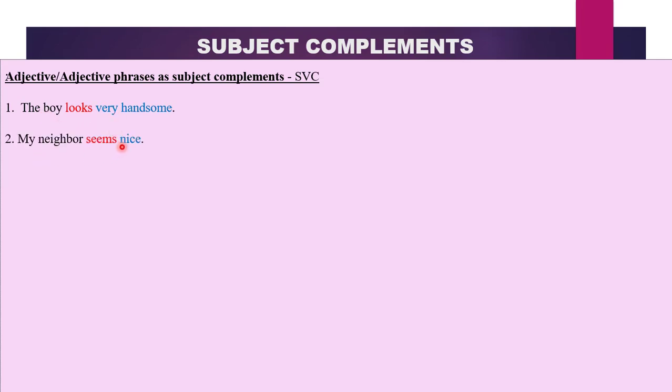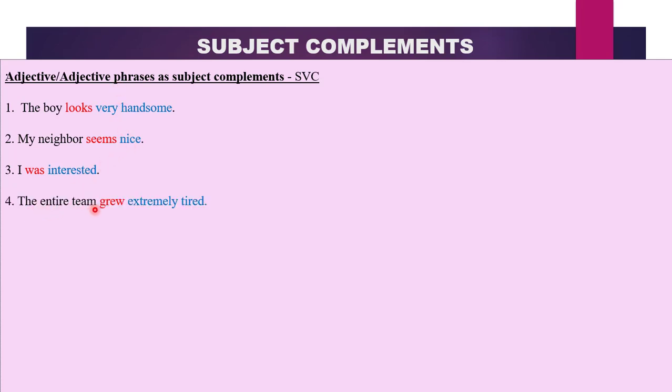My neighbor seems nice. We have SVC. I was interested. We have SVC. These are all adjectives. My neighbor seems nice. So nice here is referring back to the state of my neighbor. Therefore, it is a subject complement and it is an adjective. This means that adjectives or adjective phrases can perform the role of complements.